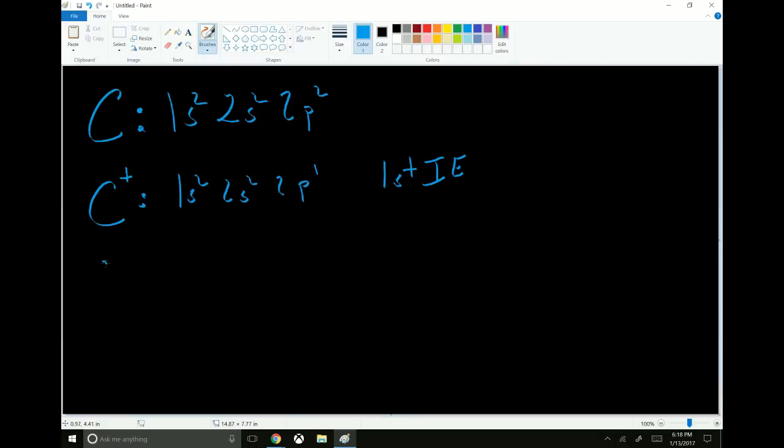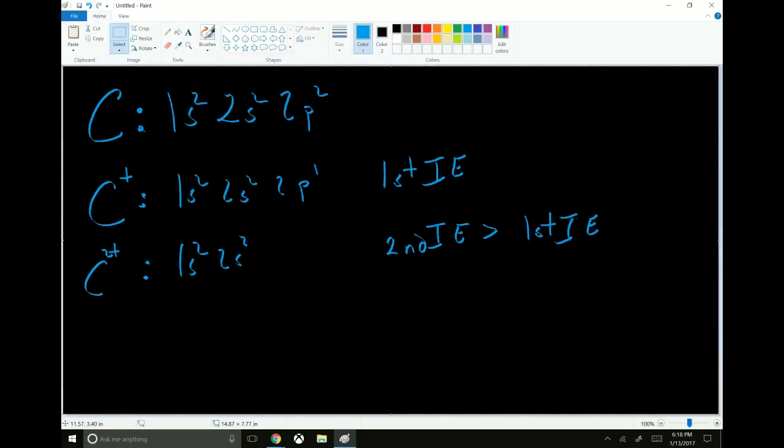So carbon 2 plus has 1s2, 2s2, no 2p electrons. That's your second ionization energy, and it's going to be greater than your first ionization energy. So every time you remove an electron, it gets harder.